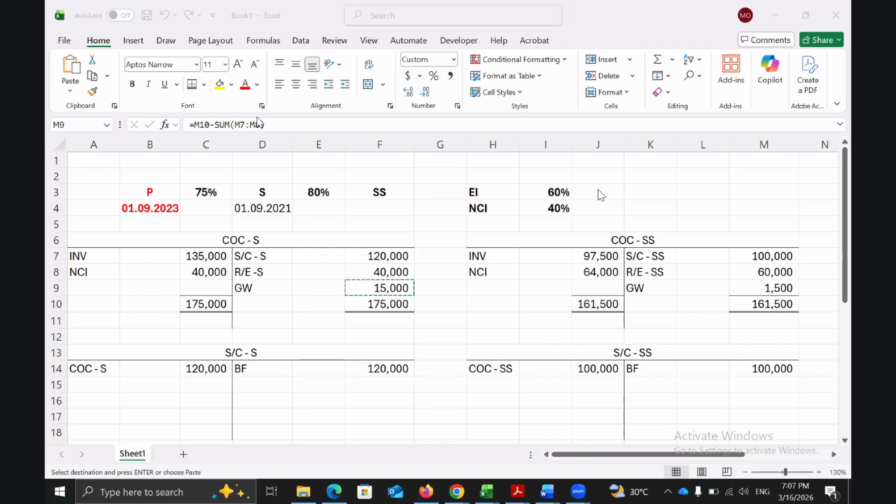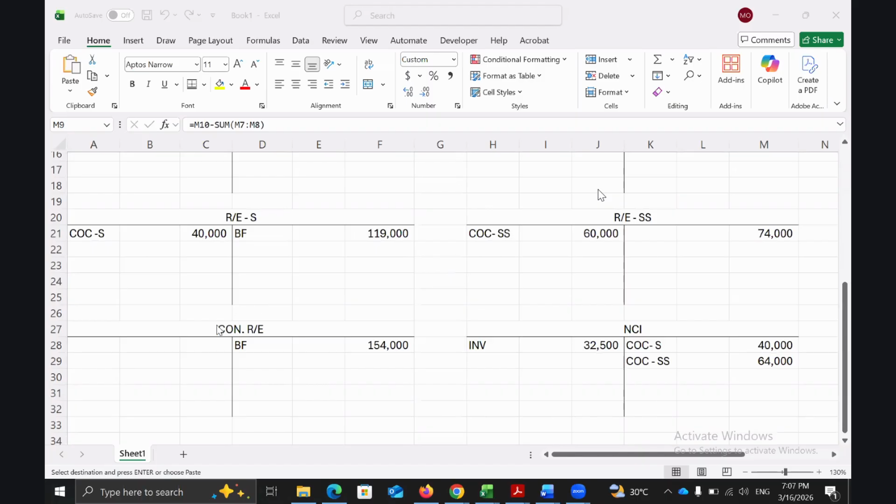Quickly tell me the double entry. Yes. Goodwill credit, consolidated retained earnings. Now the retained earnings of the parent is represented by the consolidated retained earnings.